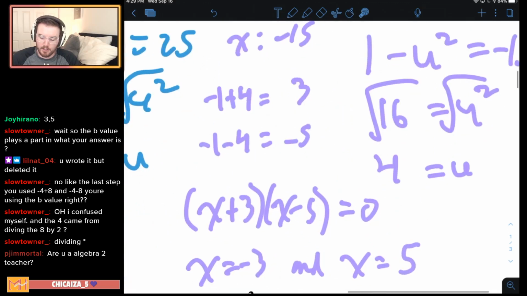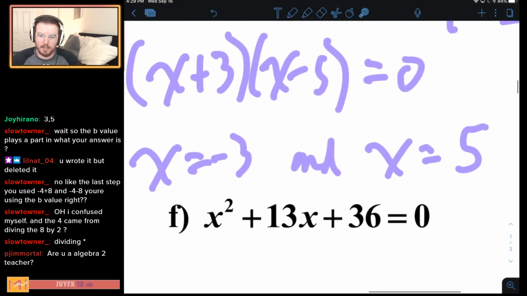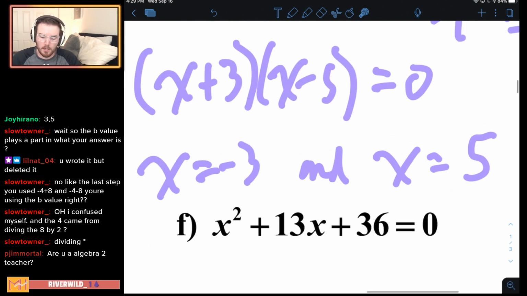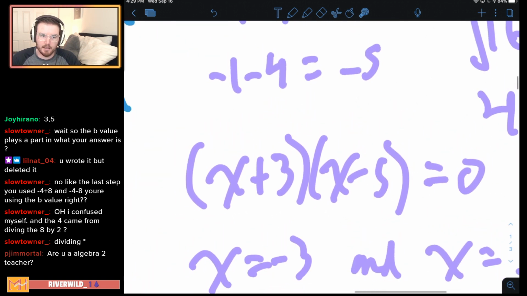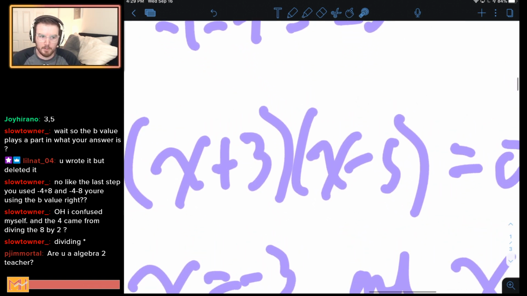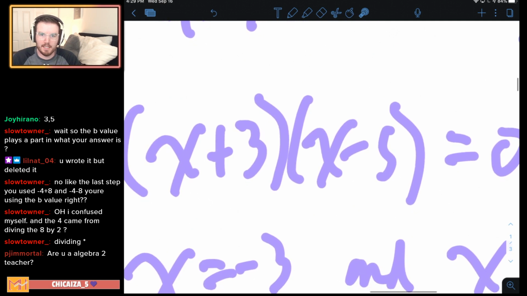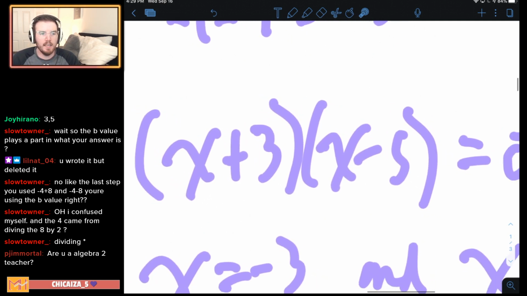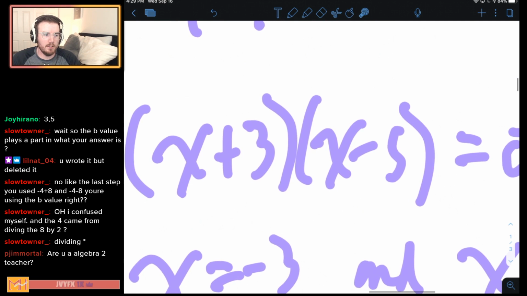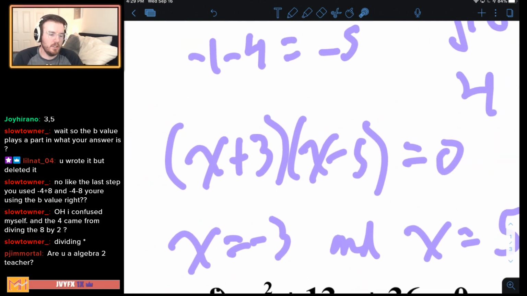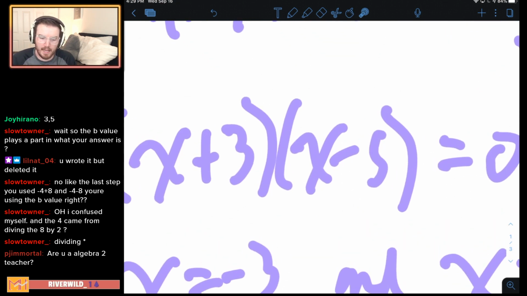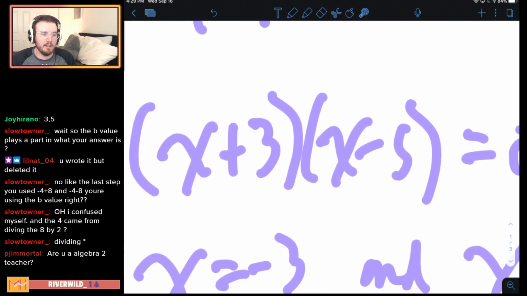I understand that the answers right here, x equals -3 and x equals 5, can be found via Desmos, but this cannot. Desmos is not going to factor it for you into x plus 3 and x minus 5. And that is a skill that we need to know. We need to know how to factor.